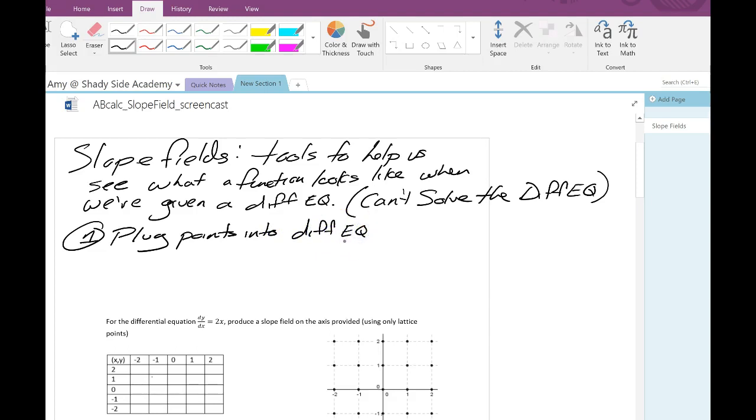After you plug in the point, remember the derivative represents slope, so that's telling me the slope at that point. So if I plug in, say, 1, 1, and I get 2 out of it, then I'm going to make a little line, which we call a tick mark, that has a slope of 2 at the point 1, 1.